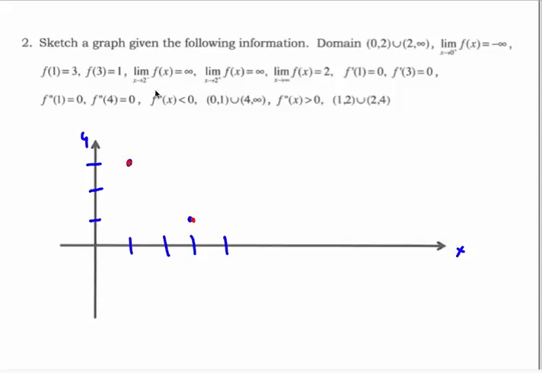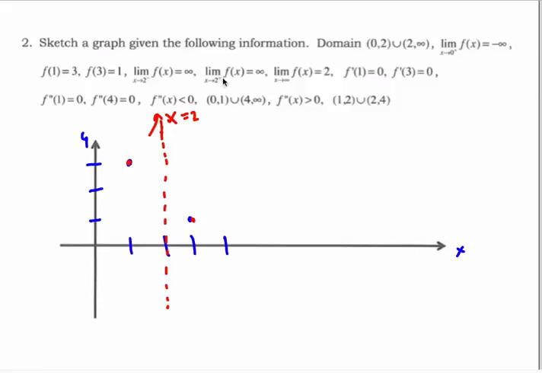The limit as x approaches 2 from the left of the function equals infinity. Okay, so approaching 2. That would seem to mean there's going to be a vertical asymptote at x equals 2, and the function is approaching infinity, so it's kind of going up this way, I think. We'll see if that makes sense with the rest of the information.